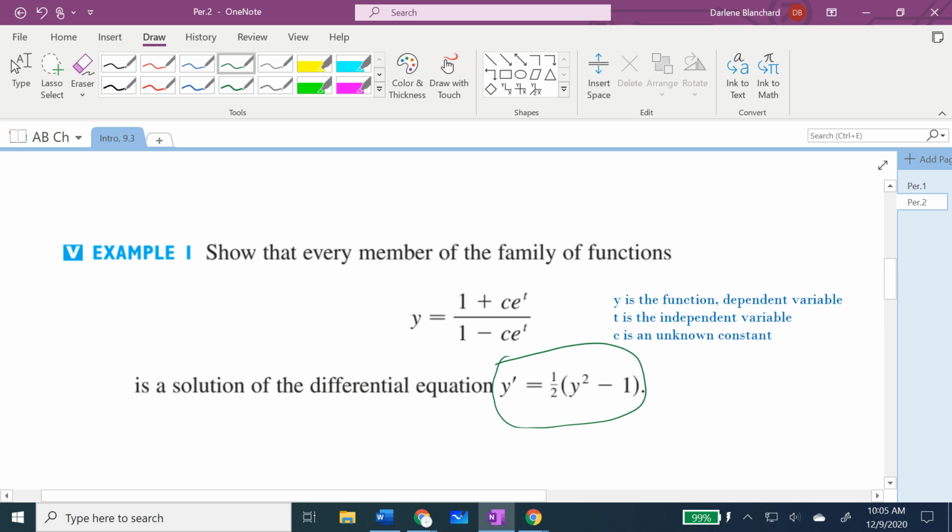What you're going to do is take the solution, find its derivative, and then plug the derivative into the y prime of the differential equation. You're going to take what y is equal to, and plug that into the y of the differential equation. Then it's a matter of playing with the algebra and not making mistakes to come to a true conclusion, which we're going to see here.